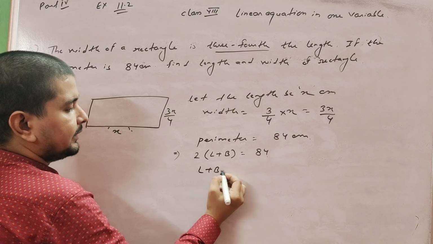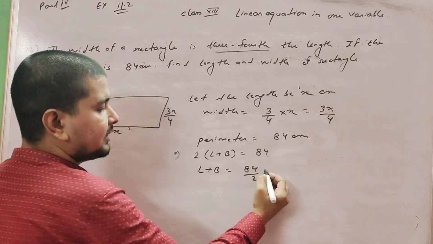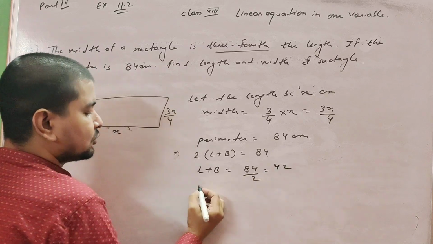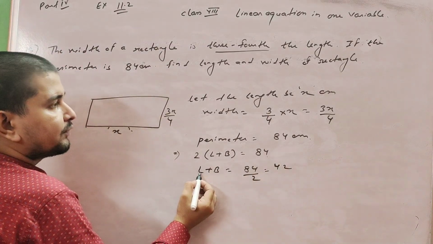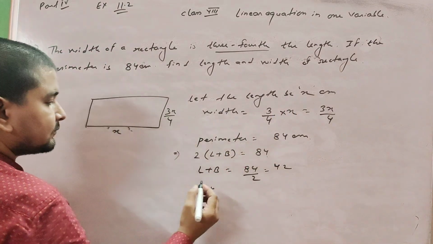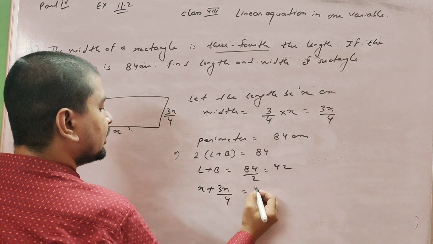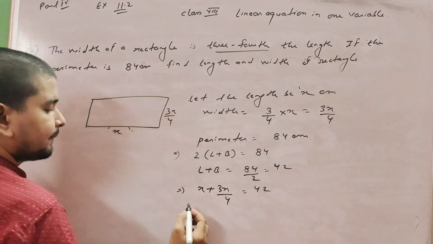So L plus B equals 84 by 2, that is 42. In place of L we write x, because we took length as x, plus breadth, that is width, 3x by 4 equals 42.